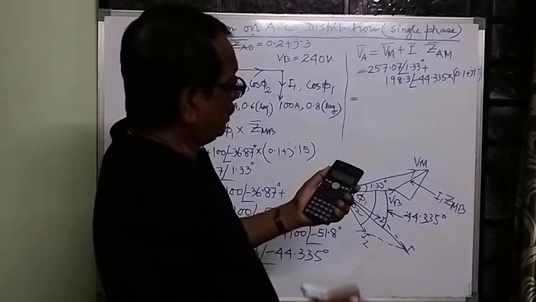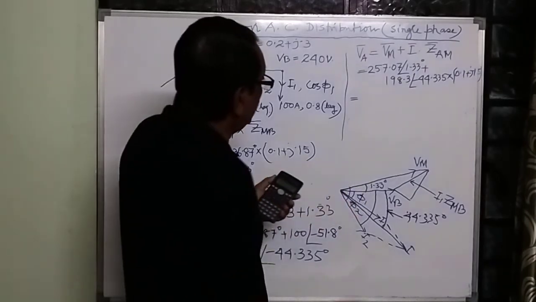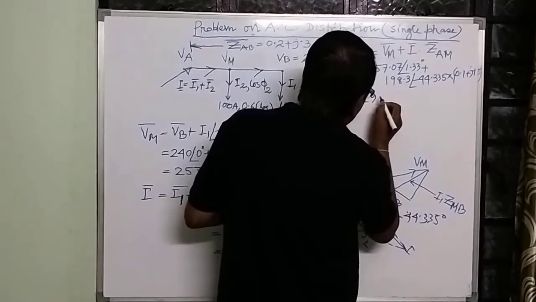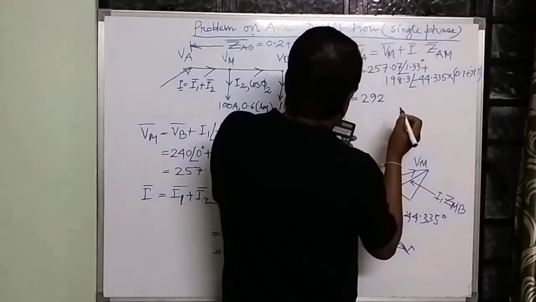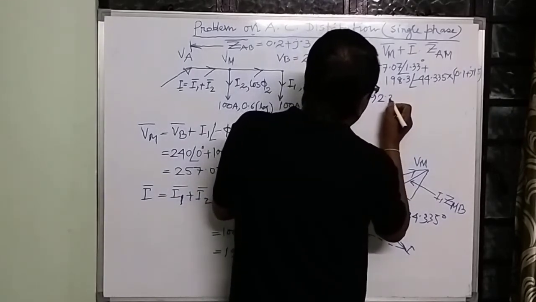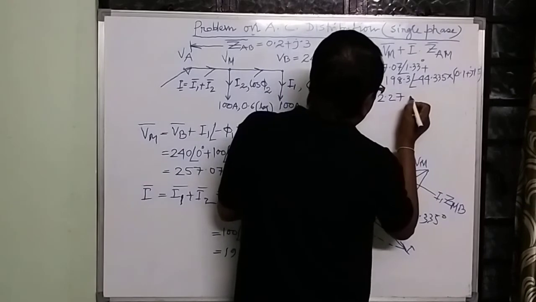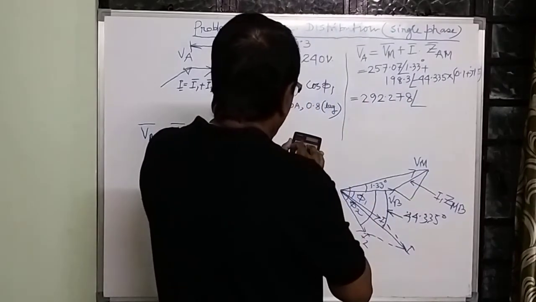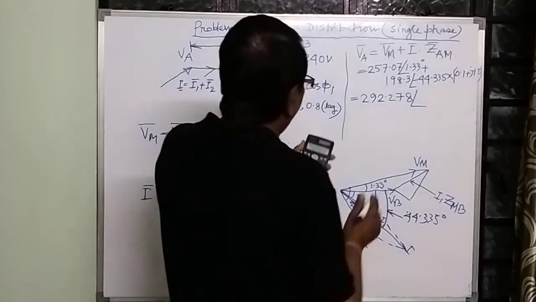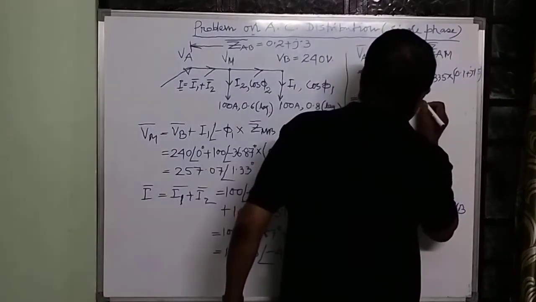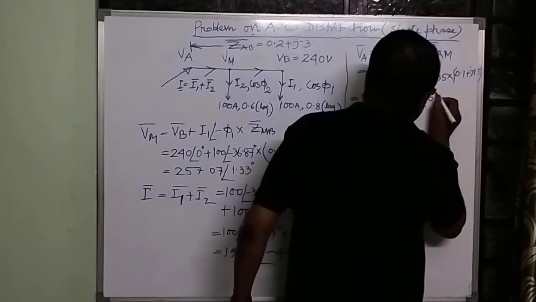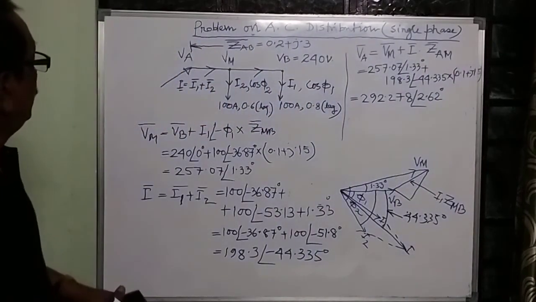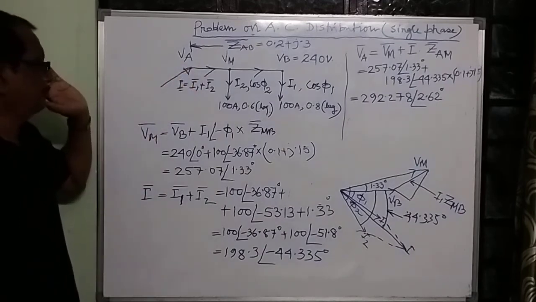In polar form this equals 292.278, angle 2.62 degree. This is the voltage VA.